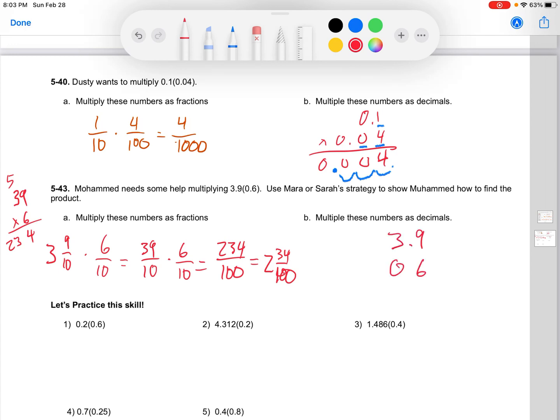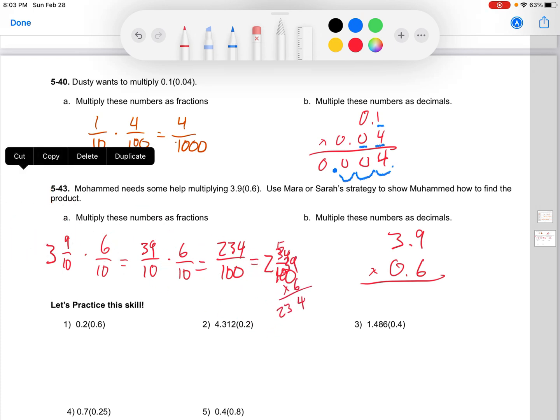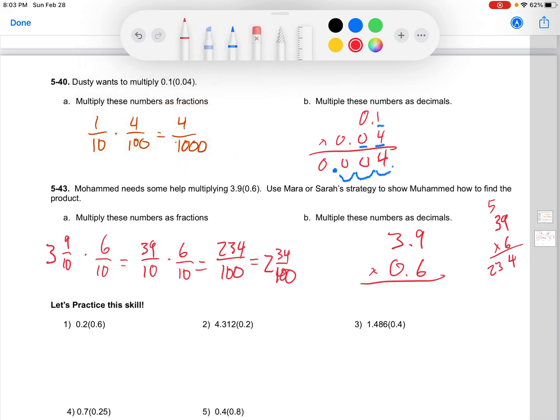Now, let's see how this shakes up when we do it as decimals. 3.9 times 0.6. Let's multiply. Now, notice we actually did all of the work right here, didn't we? I'm going to try to grab it. Whoops. I didn't even know I could grab that like that. Select all. Let's bring that over right here on the side. We're going to get the exact same numbers. It's a matter of putting the right decimal in there. 6 times 9 is 54. 6 times 3 is 18.